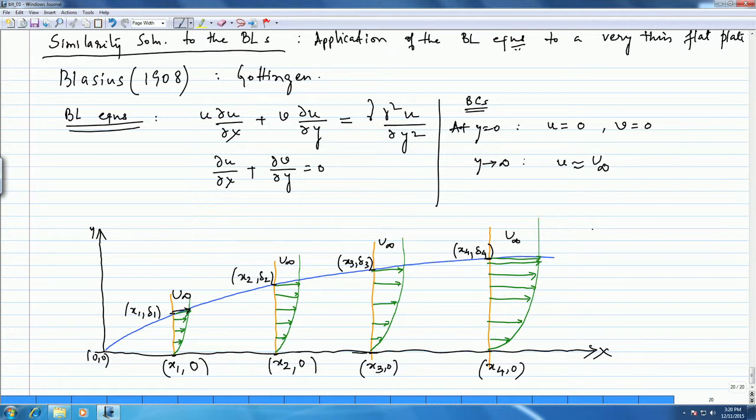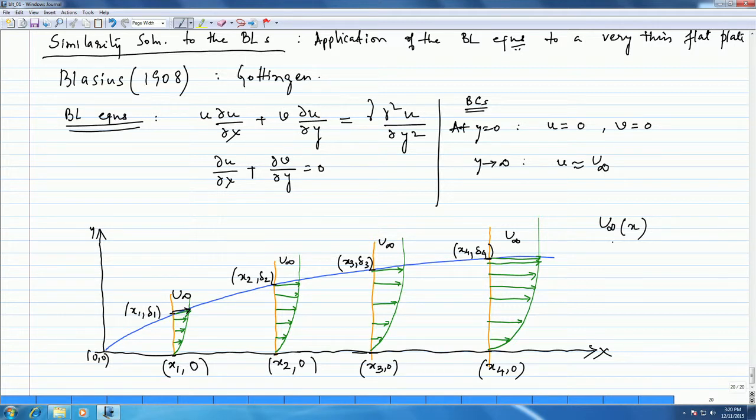So, I could say this is u infinity 1, u infinity 2. The u infinity at x1 need not be the same as u infinity at x2. I hope you get that. So, u infinity is a function of x. That could change.